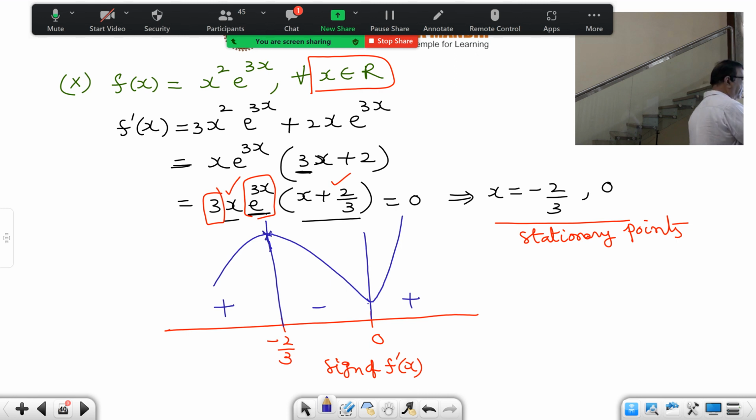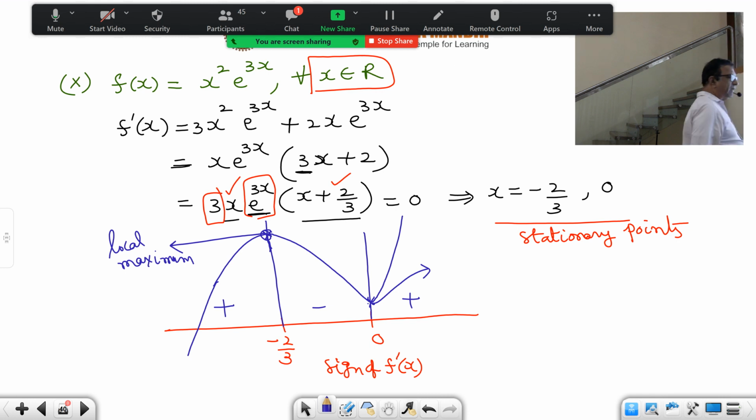So Saranya, at minus 2 by 3, what is it, local maximum or local minimum? Yes, sir, local maximum. Correct, local maximum. At 0?